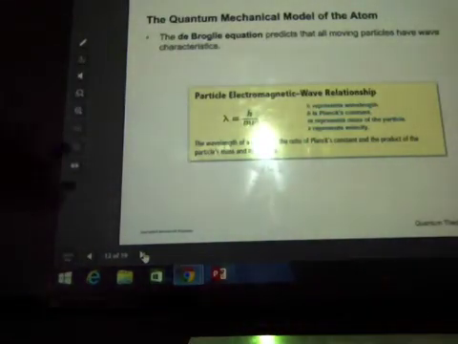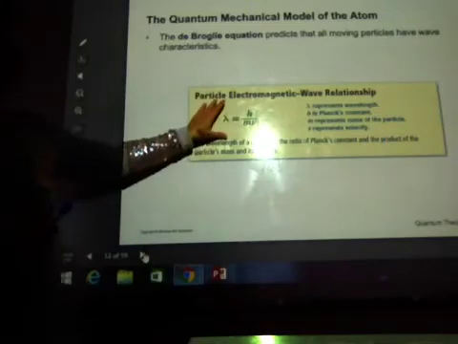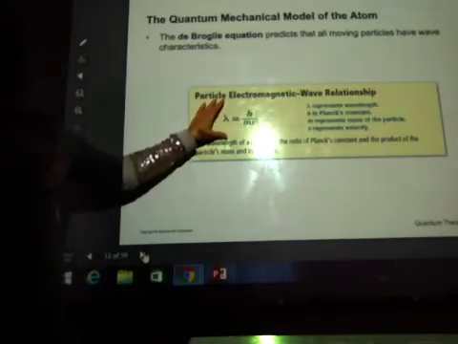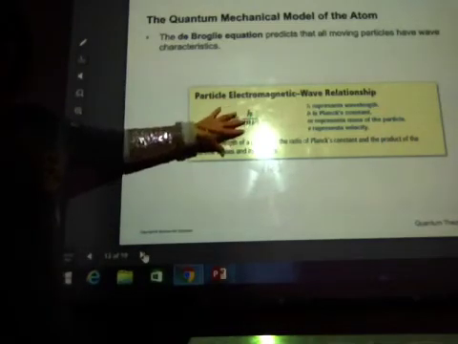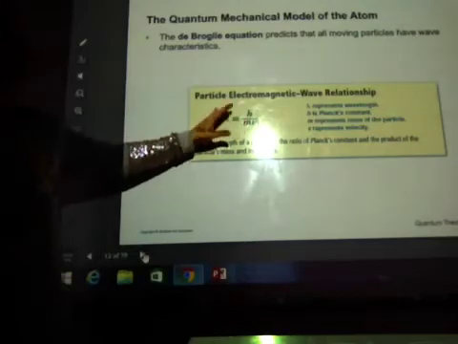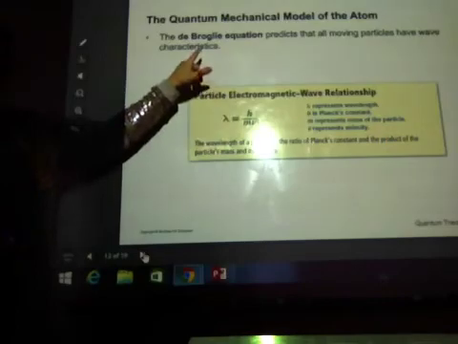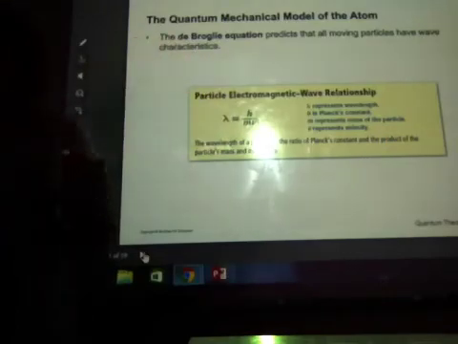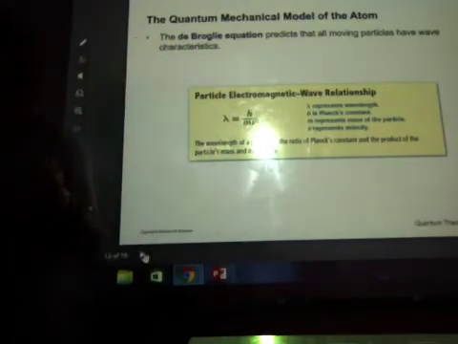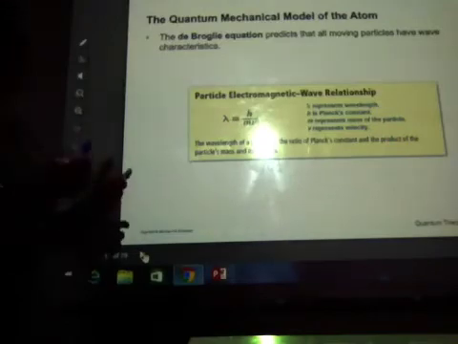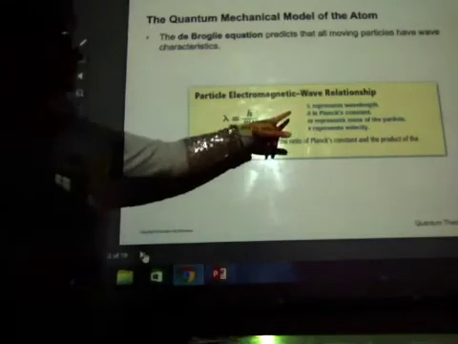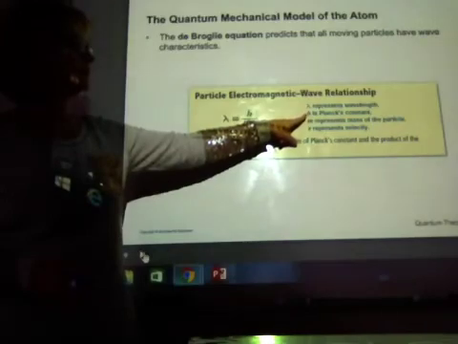Here's his equation. And like I said, we're going to go over this, but we're not going to use it. You're not going to have to plug anything into this formula. But de Broglie came up with an equation that basically says all particles also have wave-like characteristics. And I can calculate that. I can use my wavelength and Planck's constant.